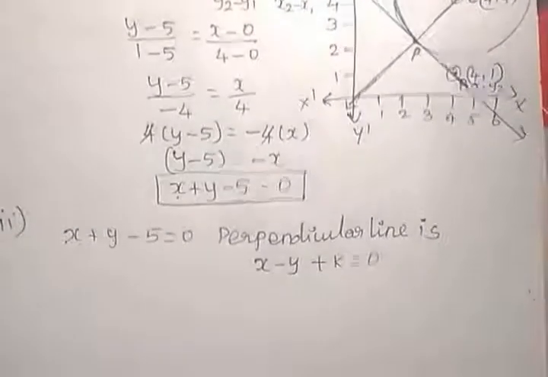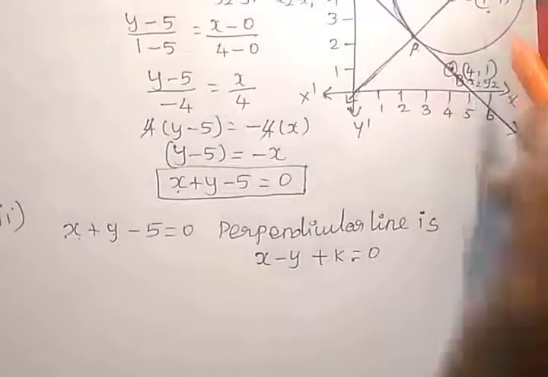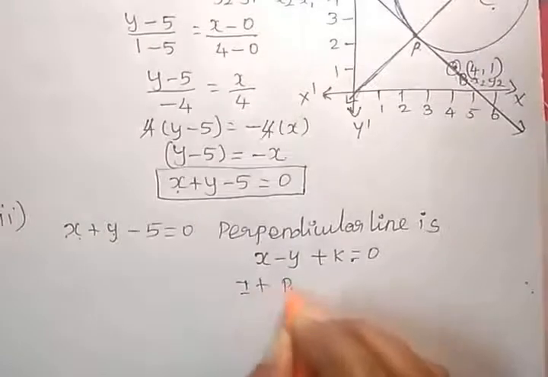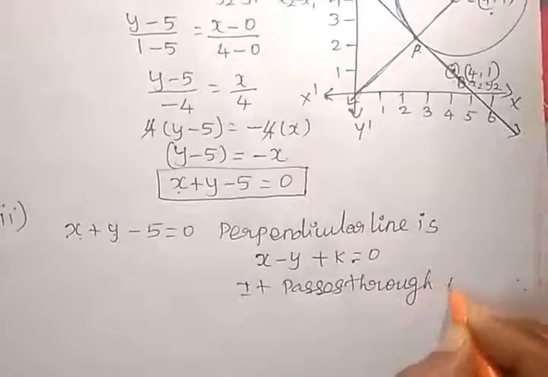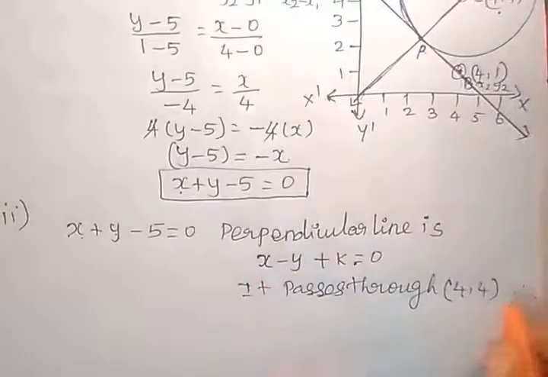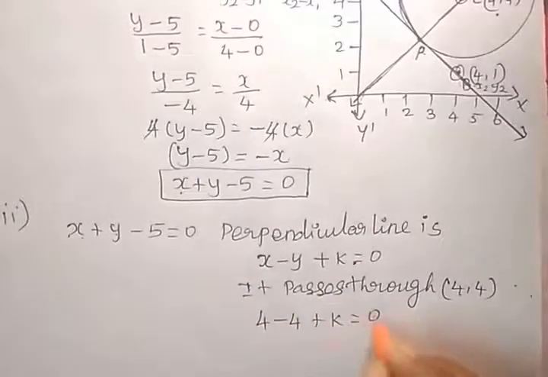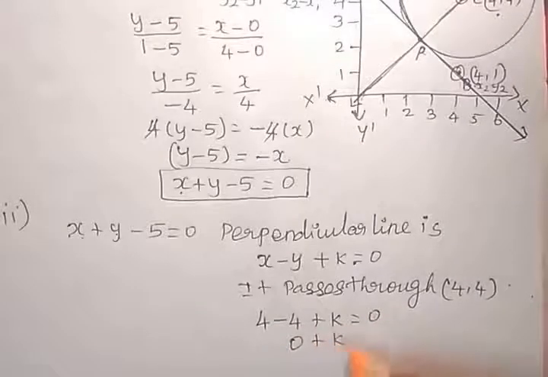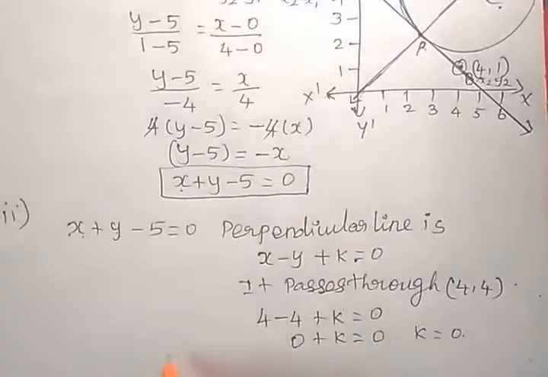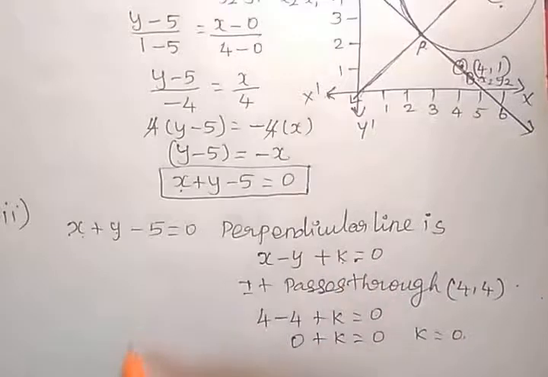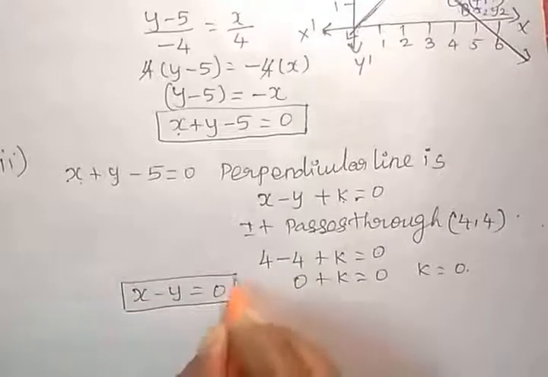This line passes through the point (4, 4), so substitute x and y as 4, 4. So 4 minus 4 plus k is equal to 0. 4 minus 4 is 0, so k is equal to 0. Substituting k is equal to 0, the perpendicular line equation is x minus y is equal to 0.